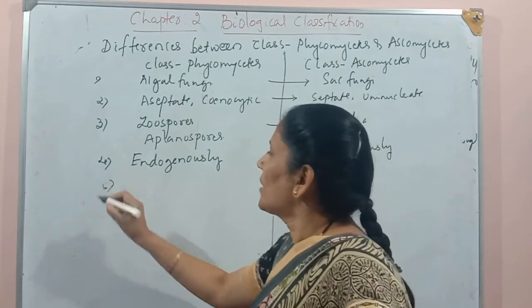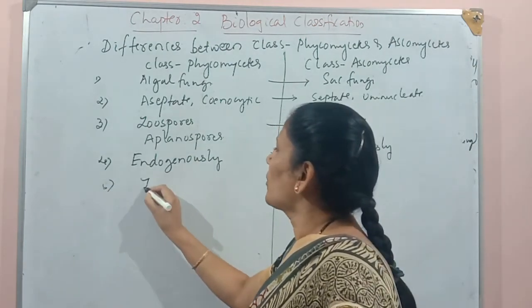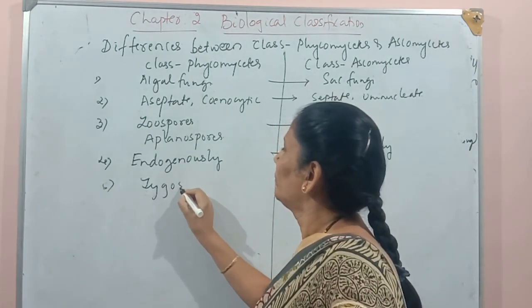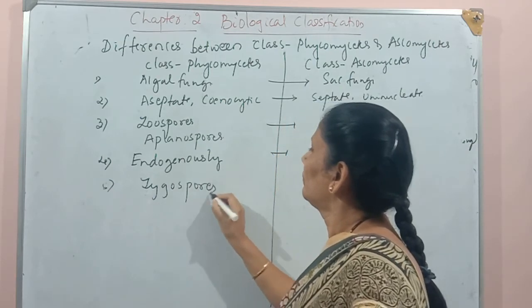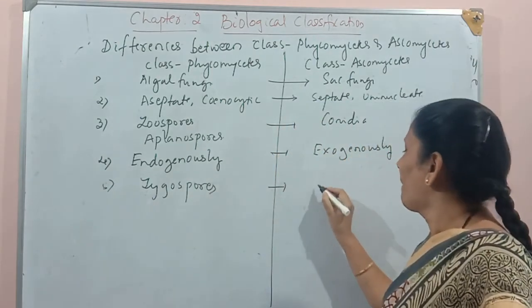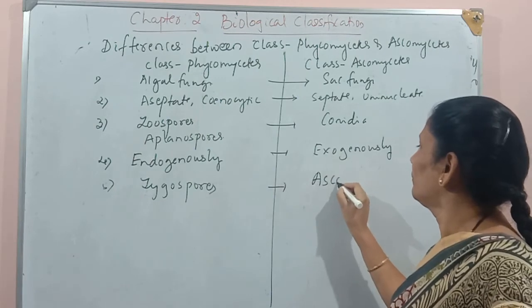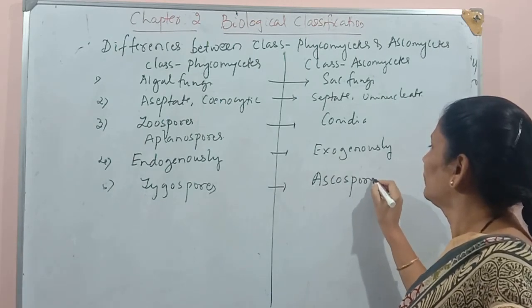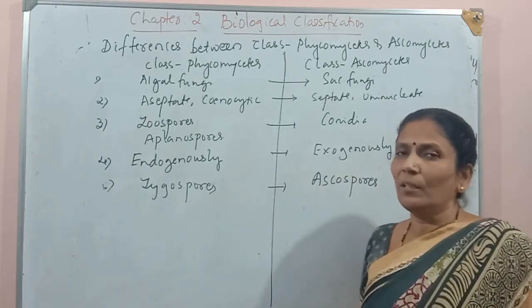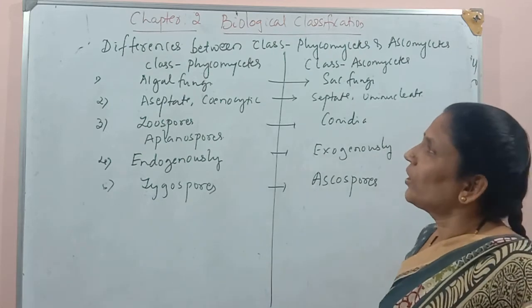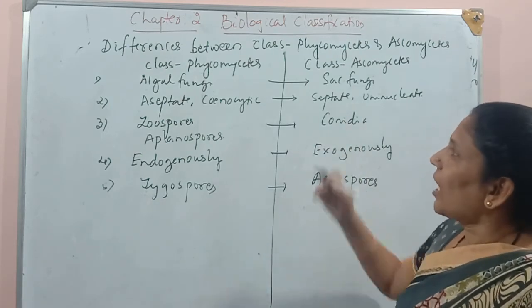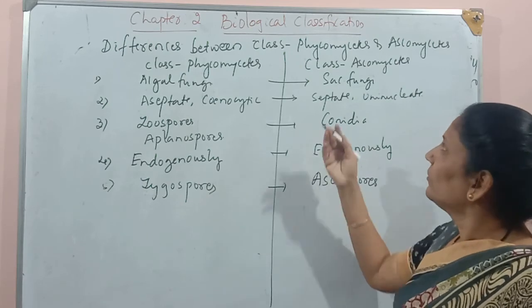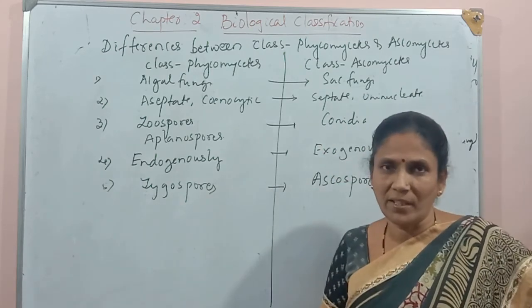Next, in Phycomycetes the sexual spores are zygospores, whereas in Ascomycetes the sexual spores are ascospores. So these are some of the characters which differentiate class Phycomycetes and class Ascomycetes.